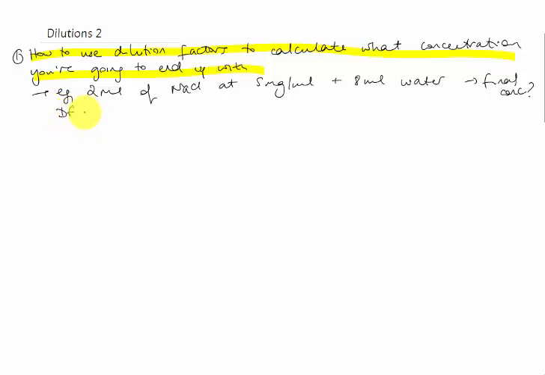So first of all, we work out the dilution factor, which is equal to the total volume, which is 2 mils of NaCl plus 8 mils of water, over the volume of my concentrated solution that I started with, which is 2 mils.